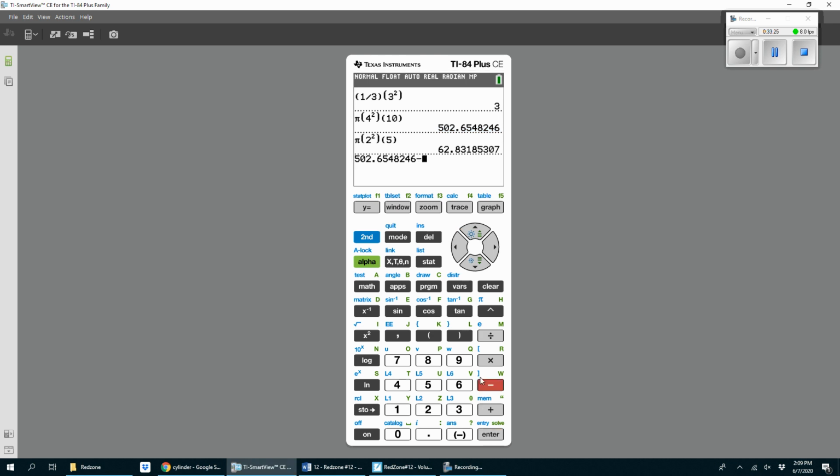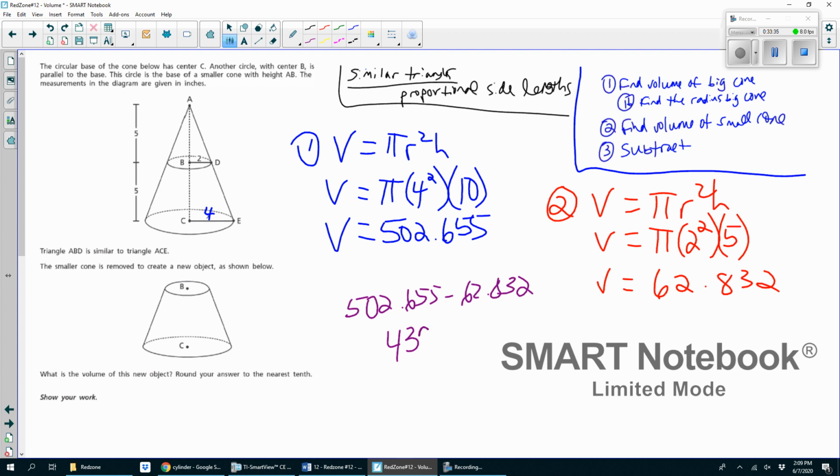Enter, minus this number, and then hit enter, and I get the exact answer, 439.823, which to the nearest tenth is 439.8. So that is the final answer to this question.